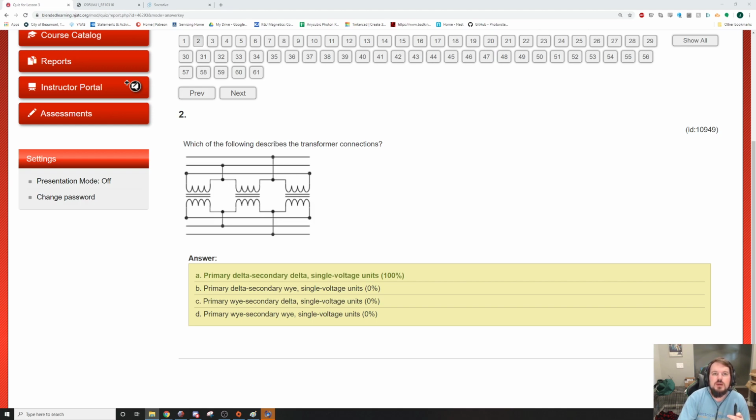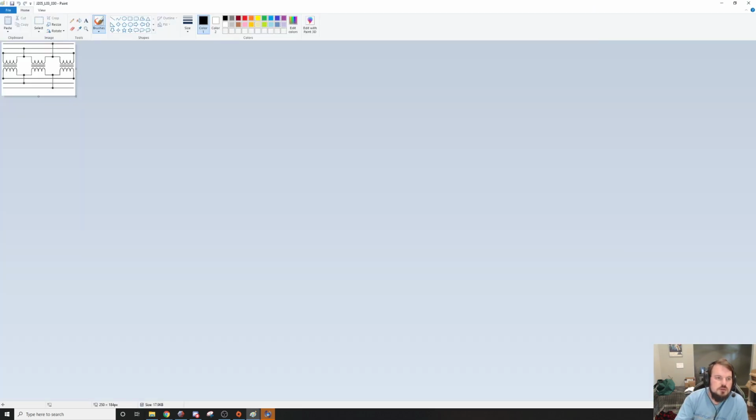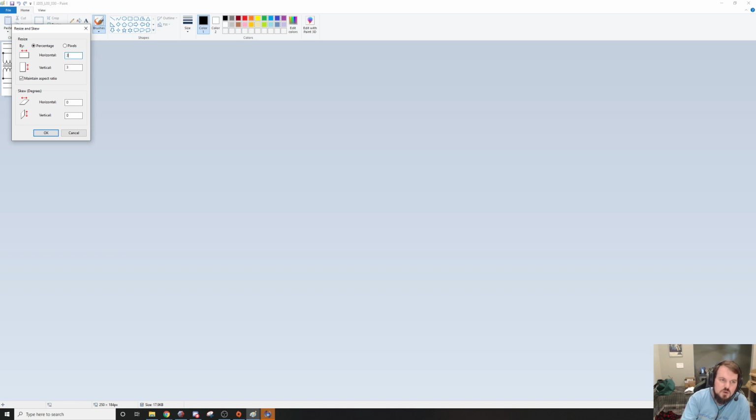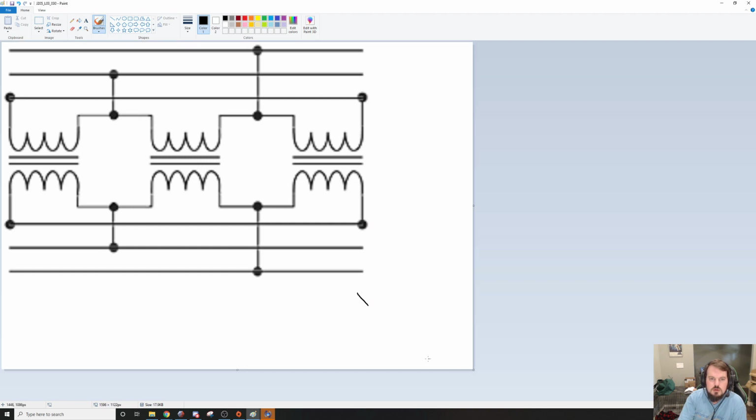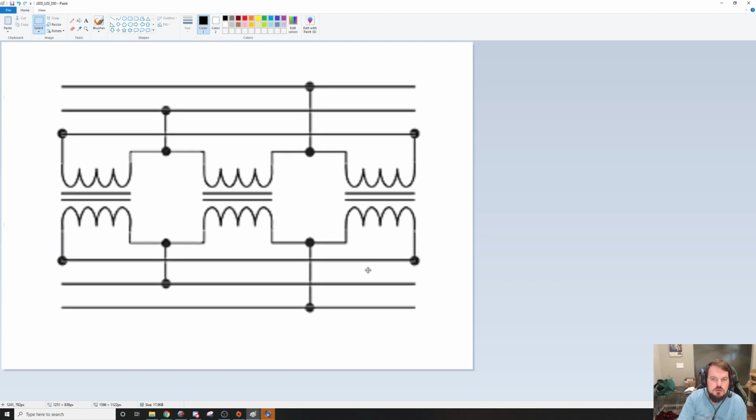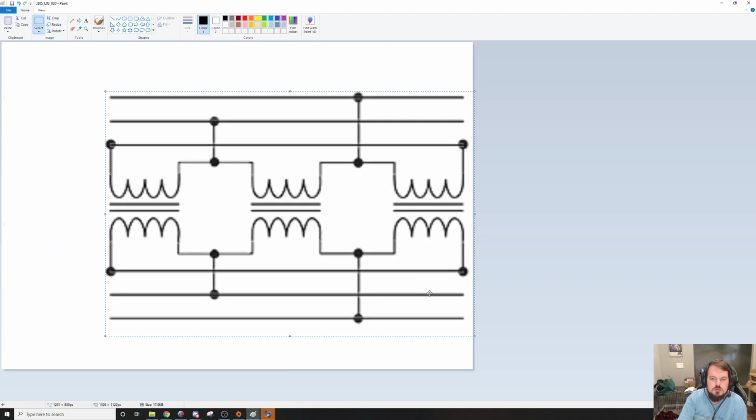Open with paint. Let's resize. Sorry y'all are having to watch this. Alright, so now that we have a picture, let's select. Move it a little bit closer to the center.